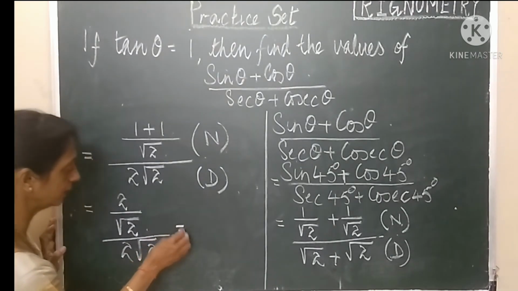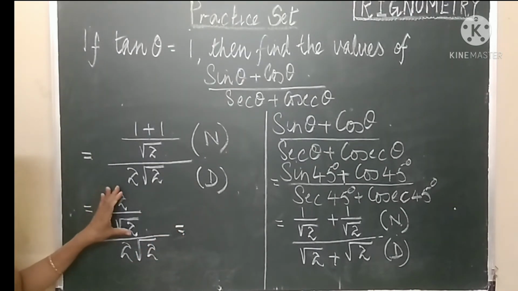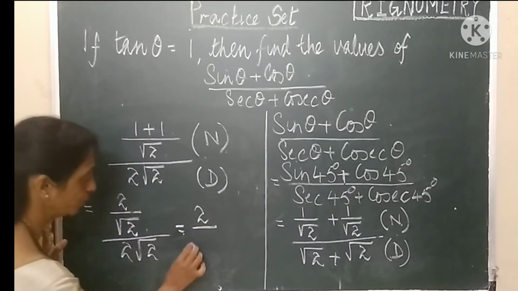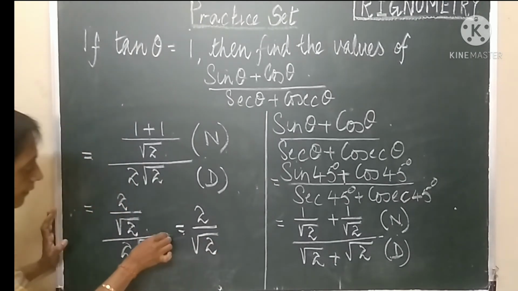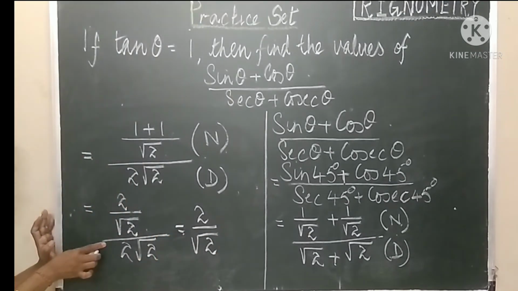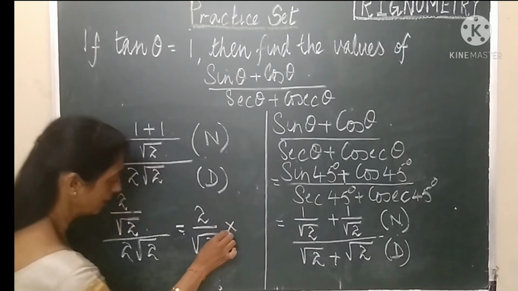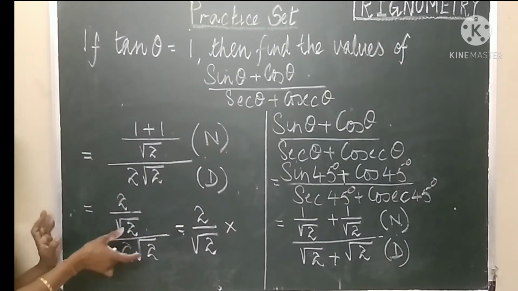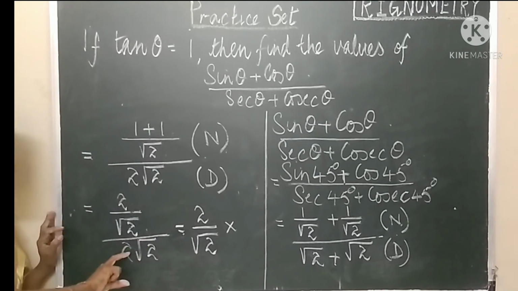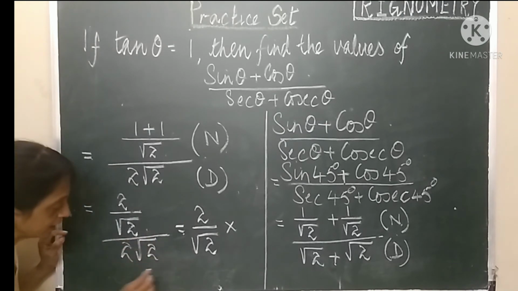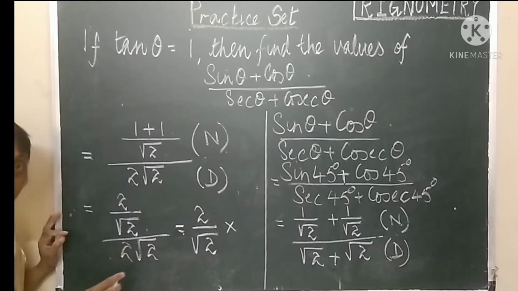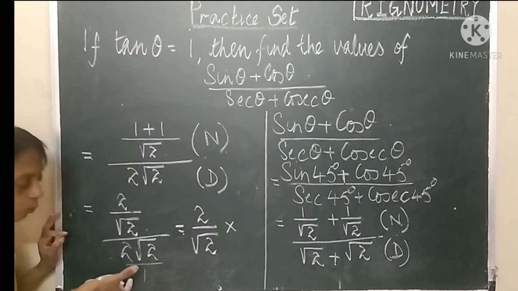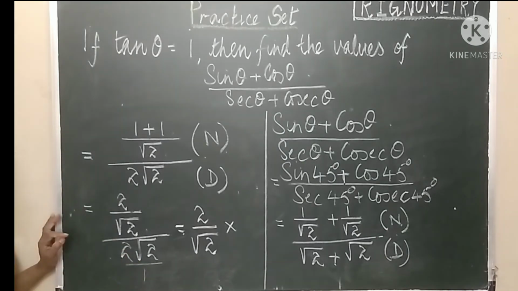Let's move on further. The numerator fraction will be written as it is, so 2 upon root 2. Division changes to multiplication, and when division changes to multiplication, whichever number you have in the denominator, we write its reciprocal. So what is in the denominator? 2 root 2. In other words, it is 2 root 2 upon 1. What will the reciprocal of this number be?